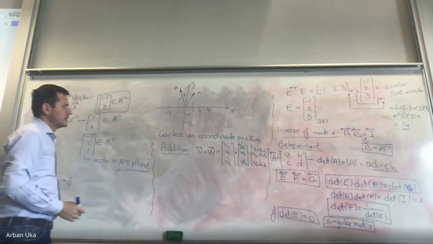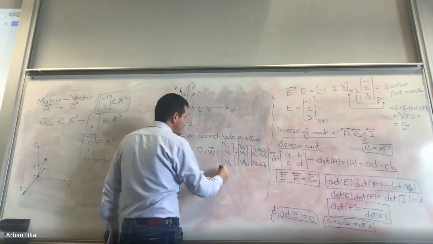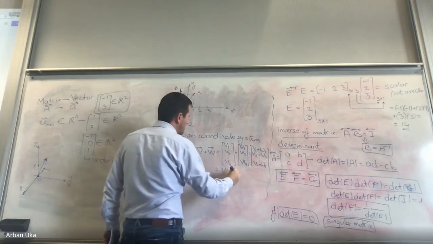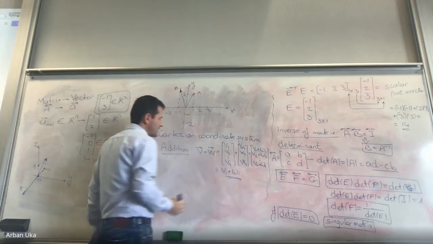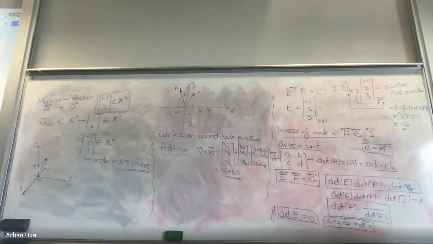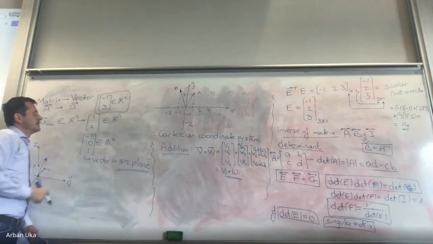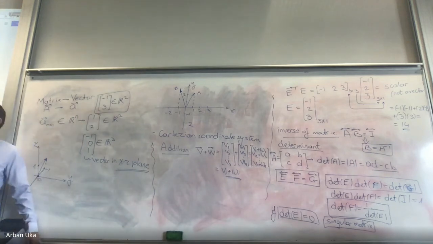Or we can simply say that the addition of these two vectors can be written as vi plus wi.